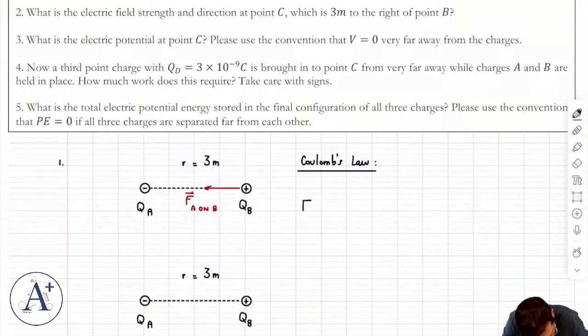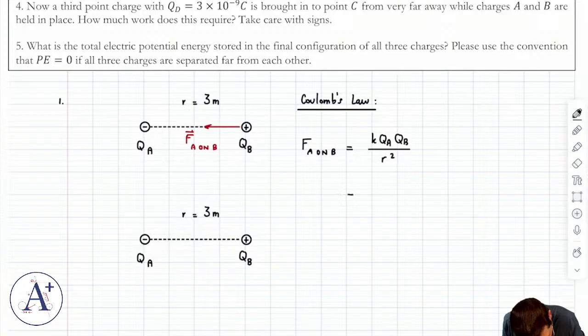Coulomb's law will give me the magnitude of F of A on B. That is going to be k QA QB divided by r squared, which is 9 times 10 to the 9, multiplied by, now that's a little imprecise of me, apologies. I should put an absolute value around the charges because I want magnitude.